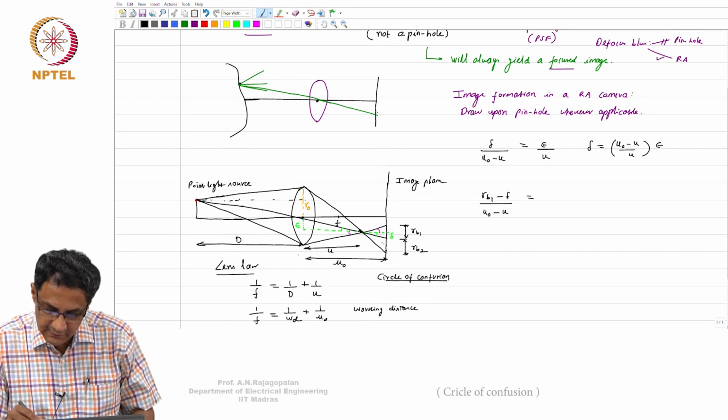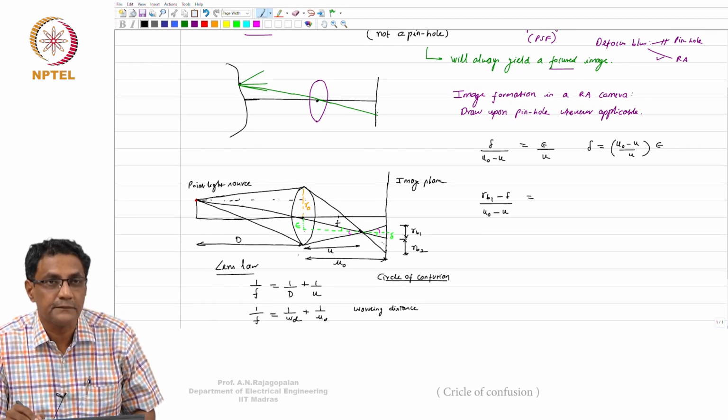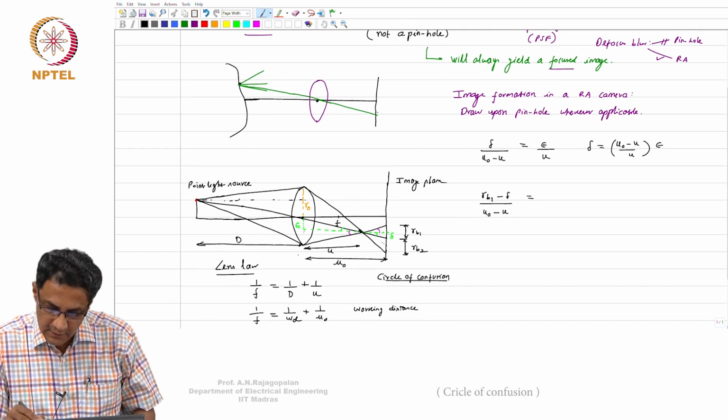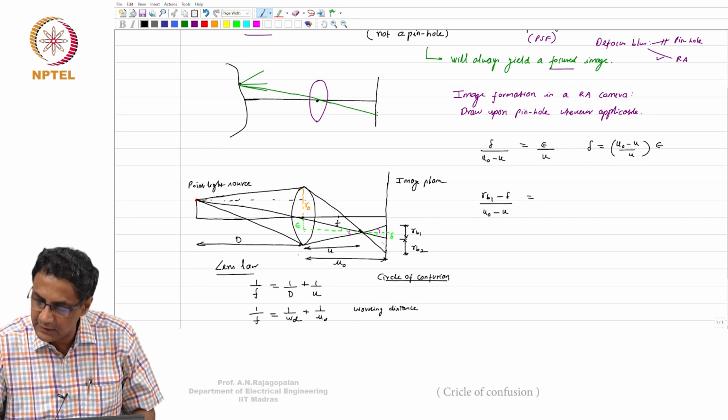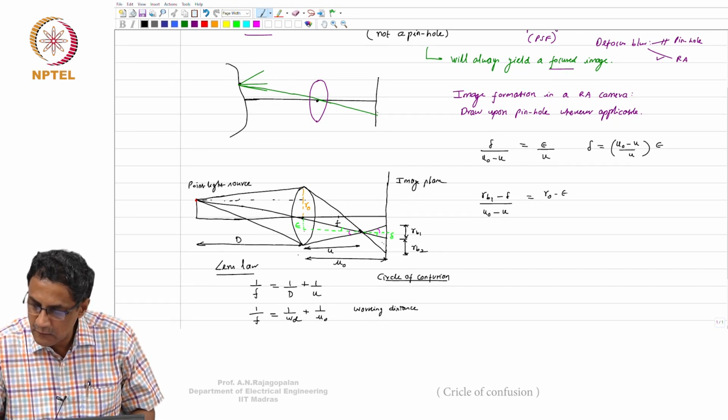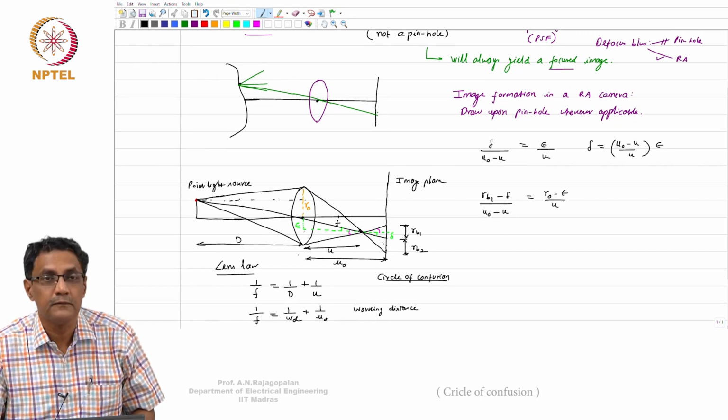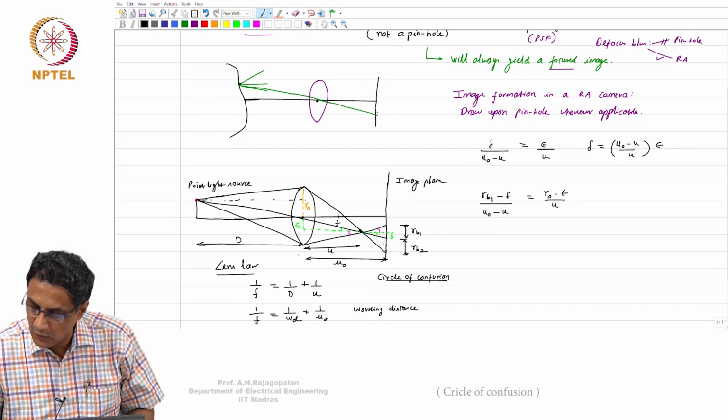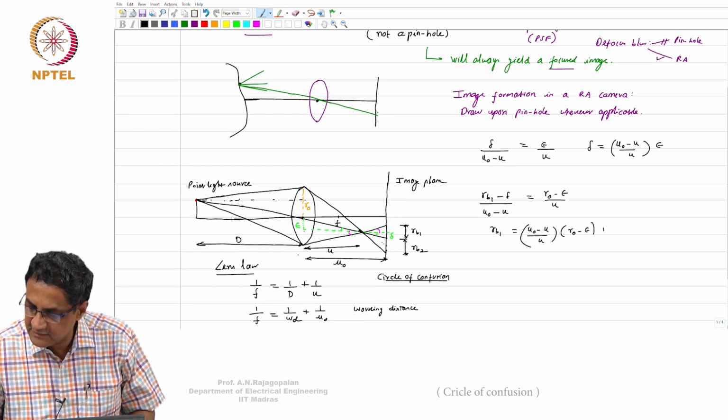Because you are looking at here to here. Is that correct? Because this aperture is r naught radius, so r naught minus epsilon by u. Or in other words, RB1 will be equal to u naught minus u by u into r naught minus epsilon plus delta.